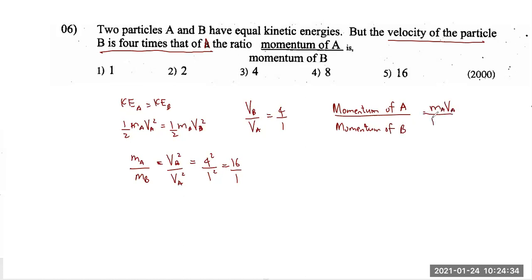For MA over MB, you can substitute the value of 16, multiplied by VA over VB. Now, if VB over VA is 4, VA over VB is going to be 1 over 4. I can substitute 1 over 4. Therefore, the final answer is going to be 4.